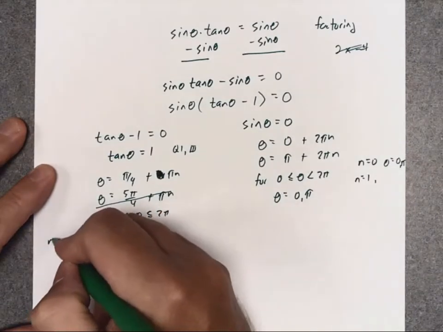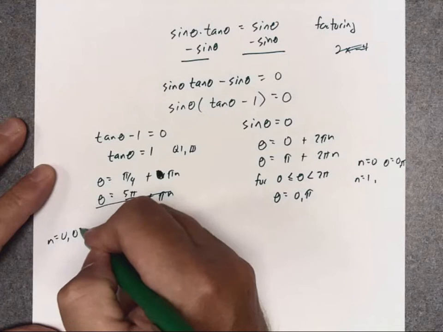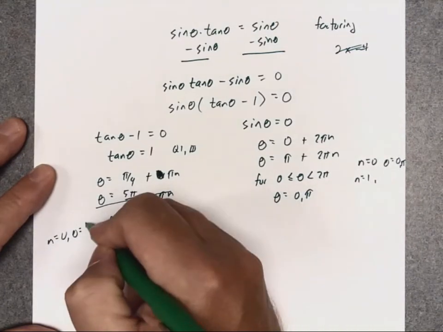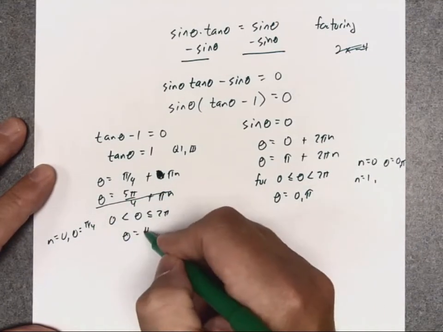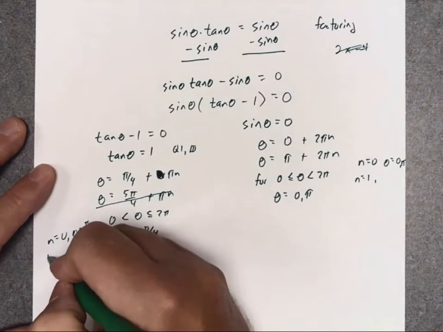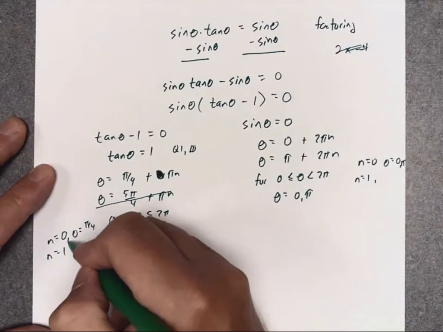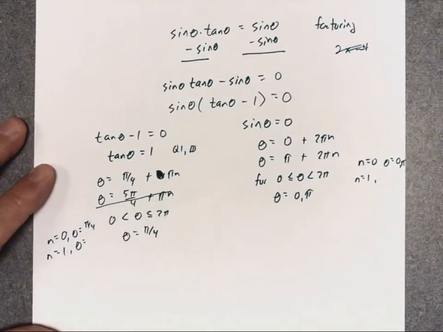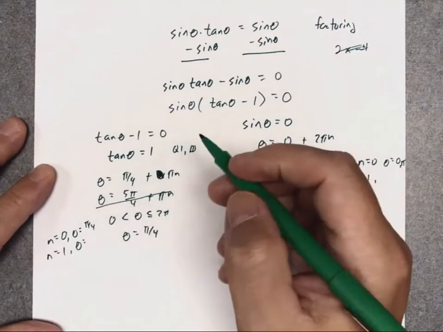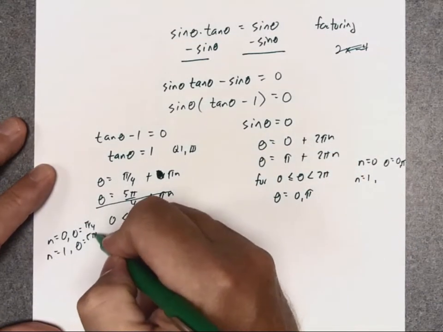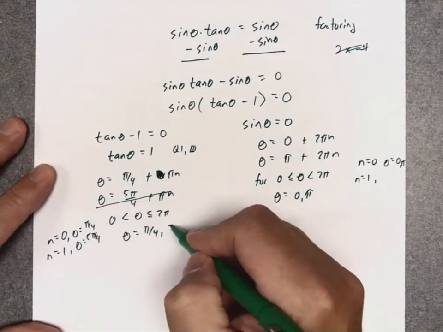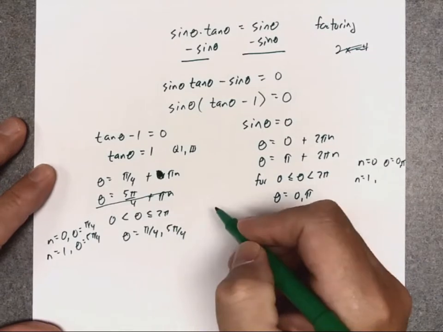when n is 0, theta would be pi over 4, which is less than 2 pi. When n is 1, theta would be pi over 4 plus pi, which is 5 pi over 4, which is less than 2 pi.